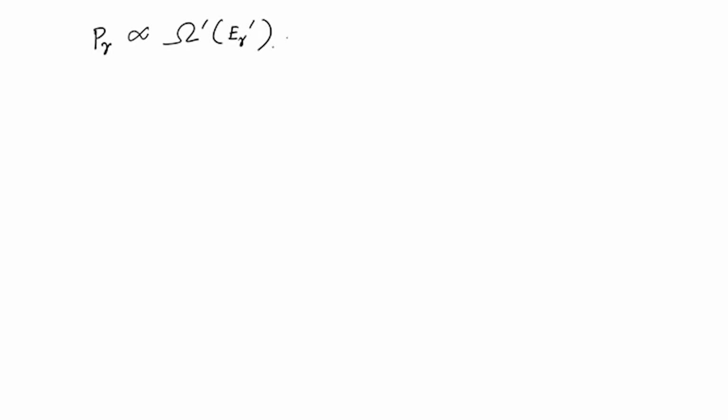You understand, this is actually proportional to omega into E r. So, this is our system, and this is taken to be equal to 1. And that is why this is proportional to the number of microstates that all the other members of the ensemble would occupy.